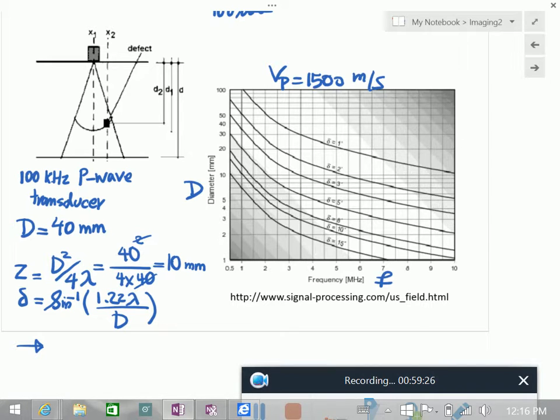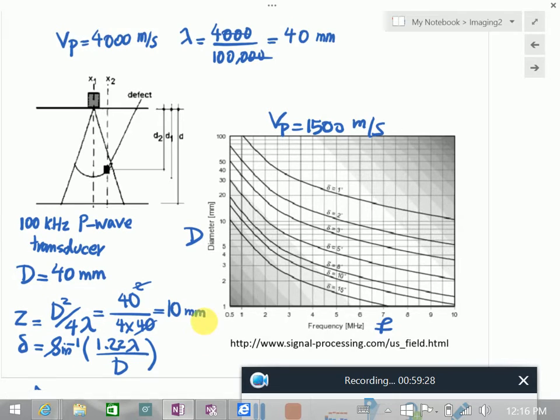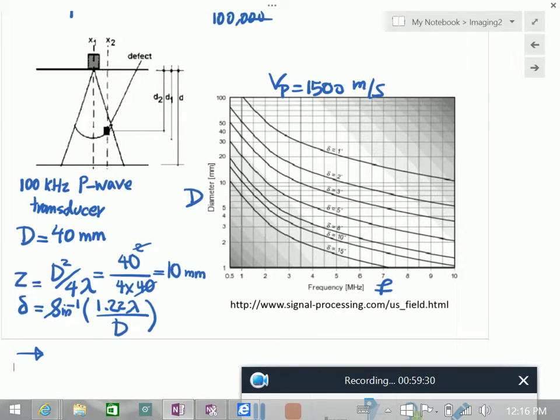Because lambda and d are equal, so I chose just the wrong number. So delta is very large. This factor is coming from the fact of where you cut it. So I guess the diameter and lambda kind of matter. So delta is just very large here.